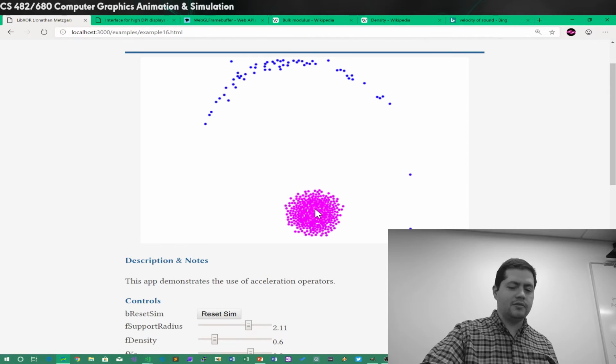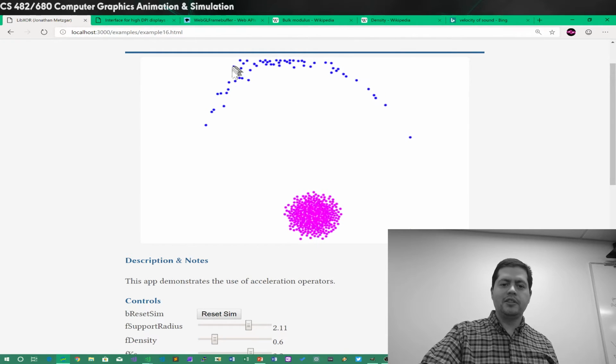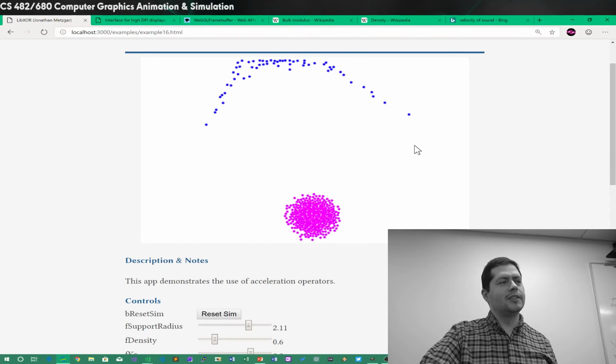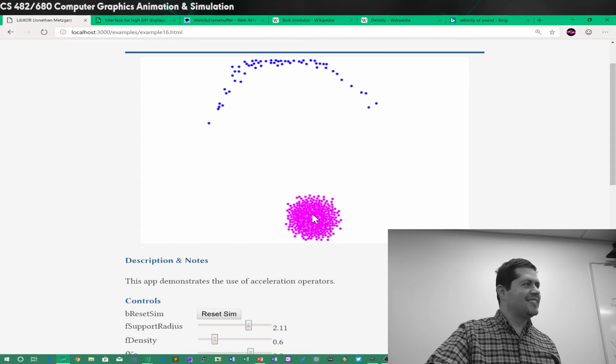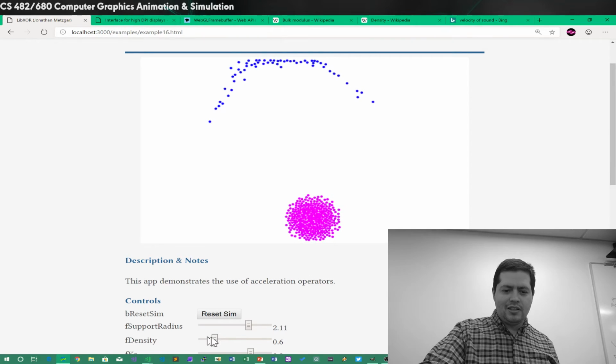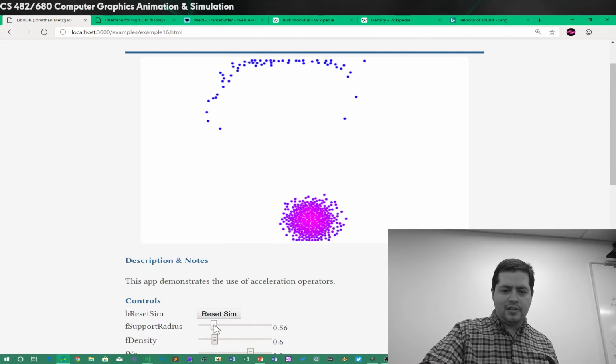A lot of these particles are interacting with each other, but for some reason these ones are really not attracted to the center. I was just wondering if they were being repulsed by it, or that structure was being defined by it. Let me set this down.